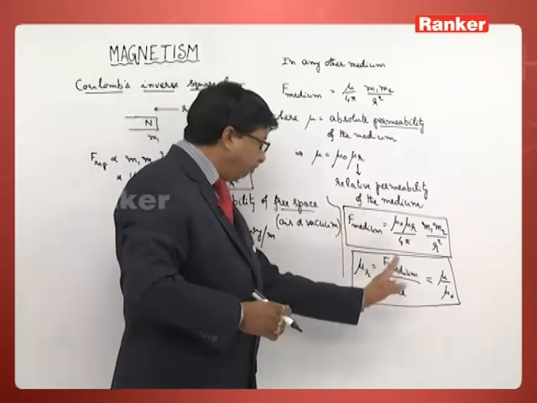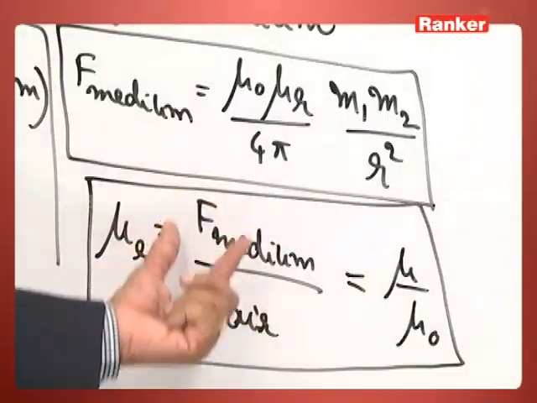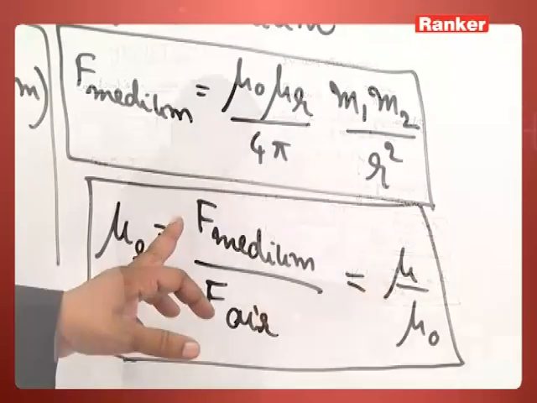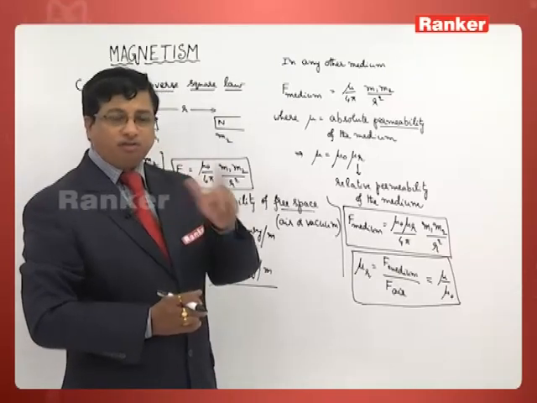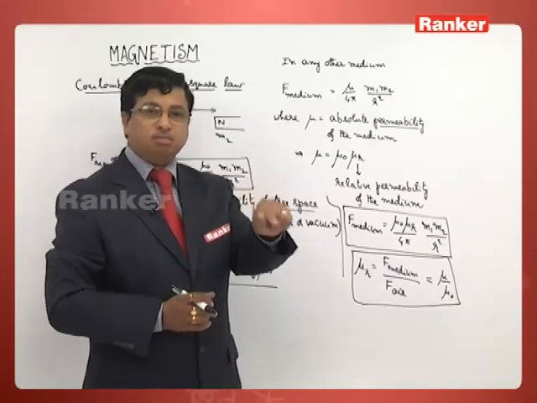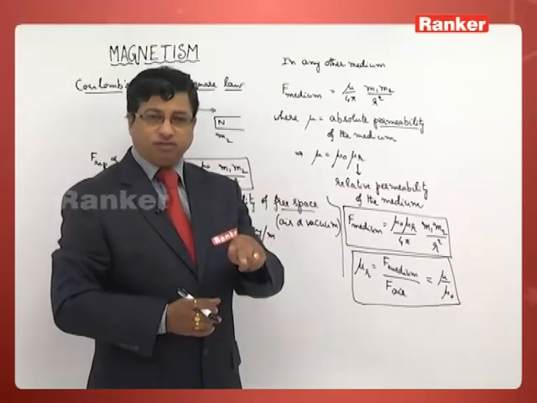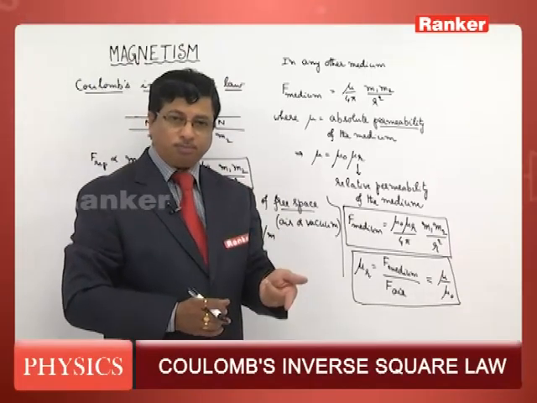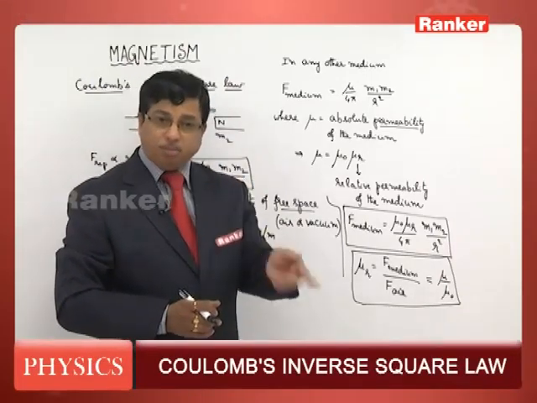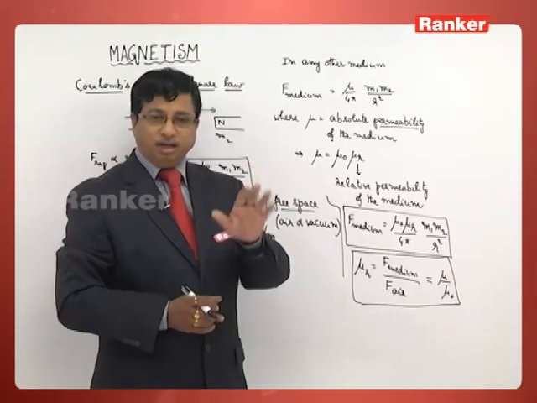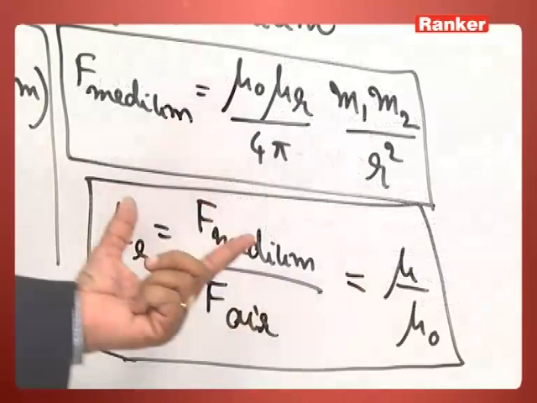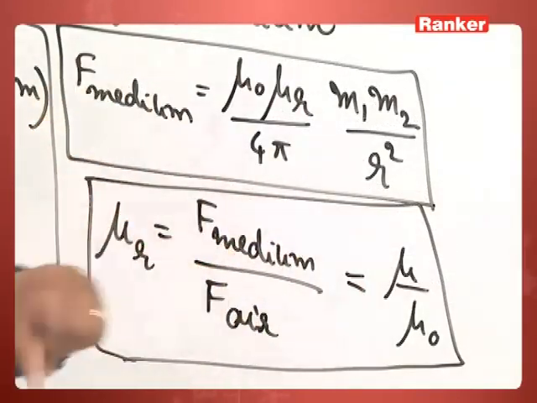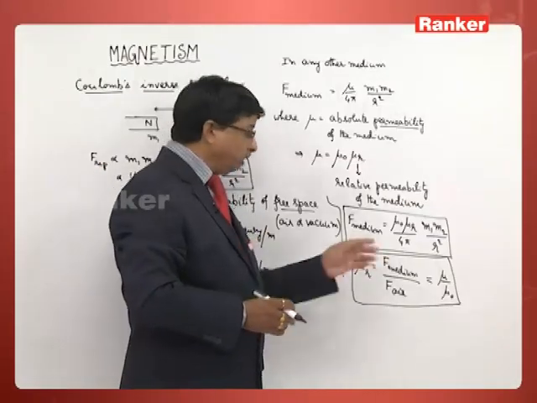What is the other way of defining? It is the ratio of force existing between two magnetic poles which are separated by a certain distance in the medium to the force existing between the same poles separated by the same distance in air. So F in medium by F in air, what should be constant in both cases?